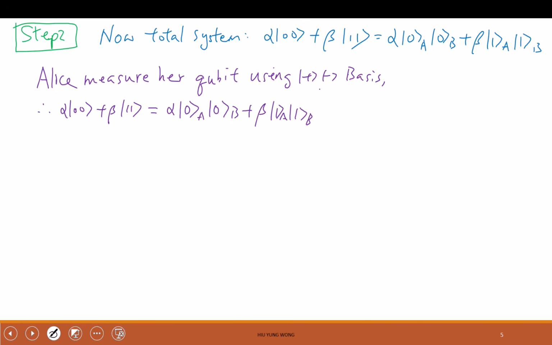But 0 equals 1 over square root 2 times plus plus minus. And 1, of course, they all belong to Alex, equals 1 over square root 2 times plus minus minus. Again, they belong to Alex instead of Bob, so it should be A.